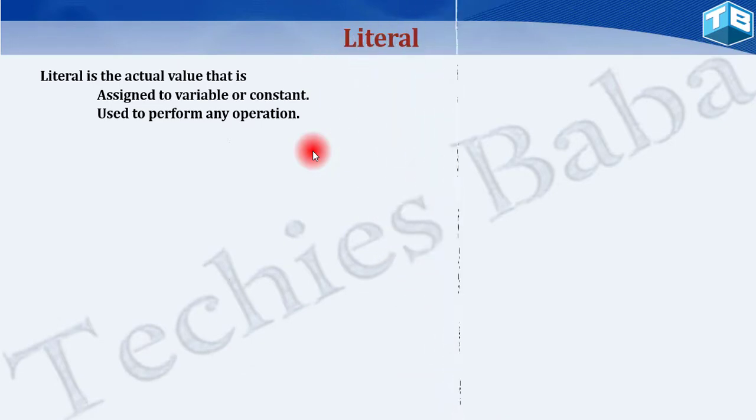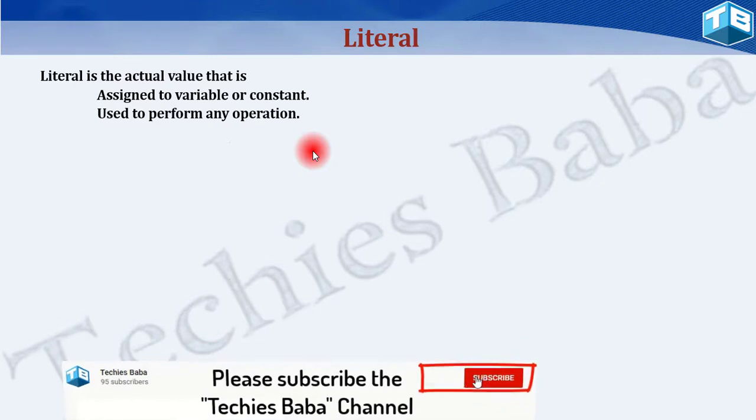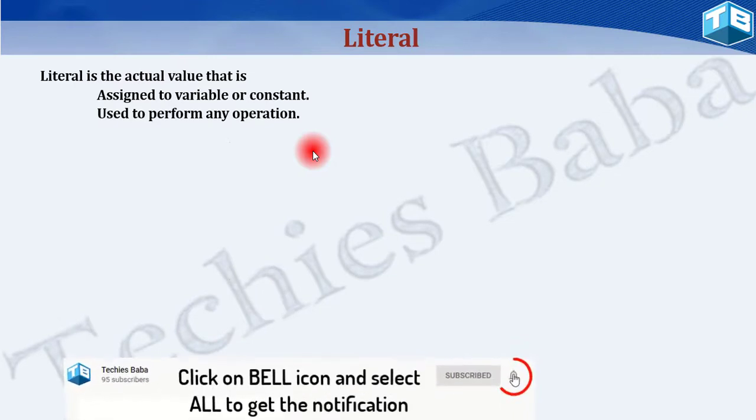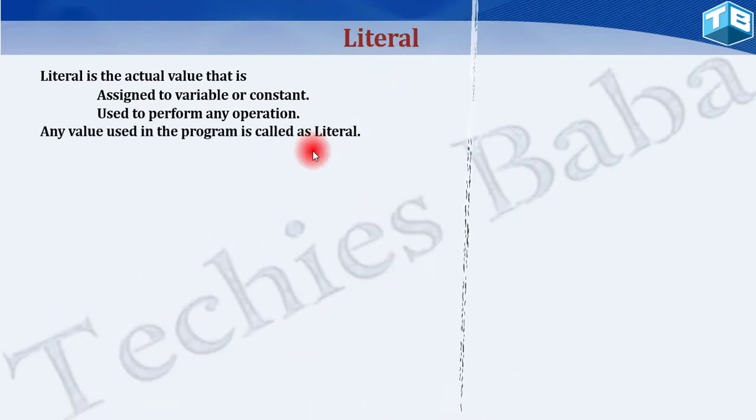You are not assigning it to a variable or a constant, you are directly using it to perform the operation. So you can use it for a variable, a constant, or an operation. Any actual value that we use inside our application is called a literal.